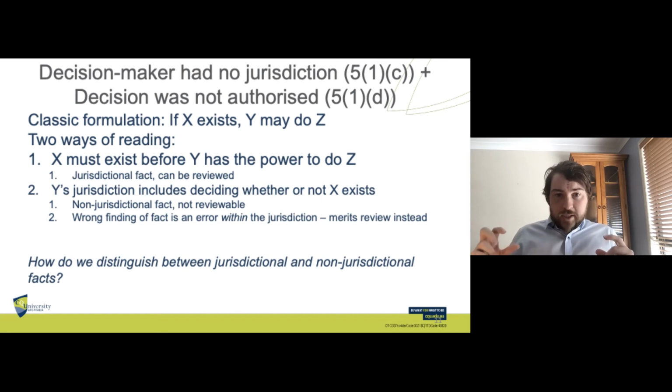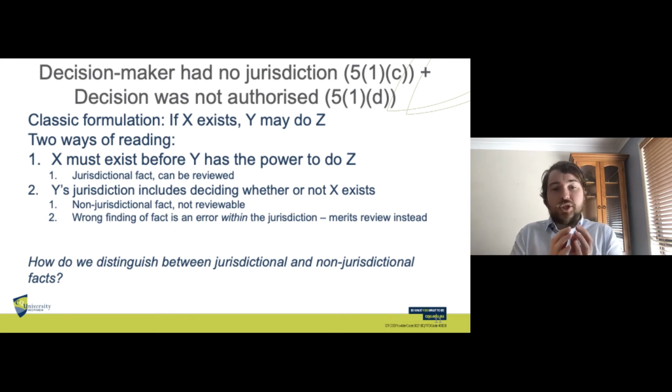There's two ways of reading that. The first way is that X must exist before Y has the power to do Z. So X must be an established fact before the decision maker can do that thing. We call this a jurisdictional fact.